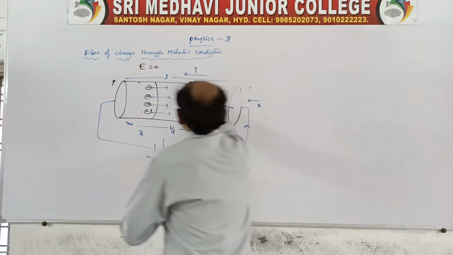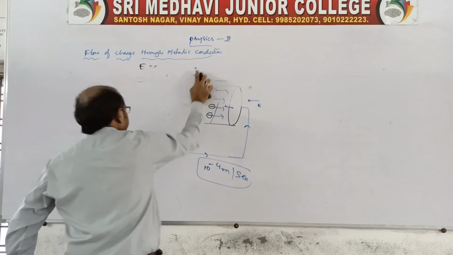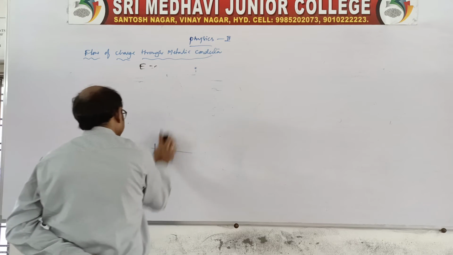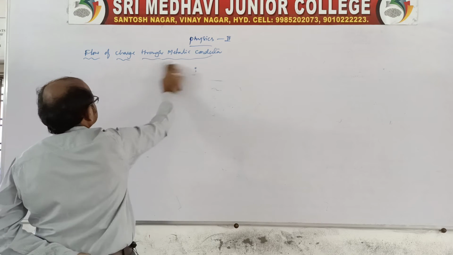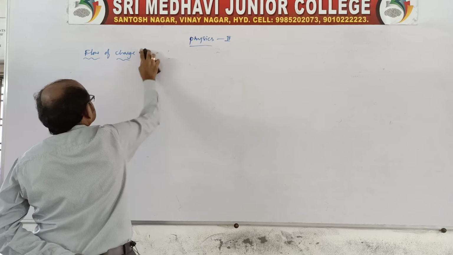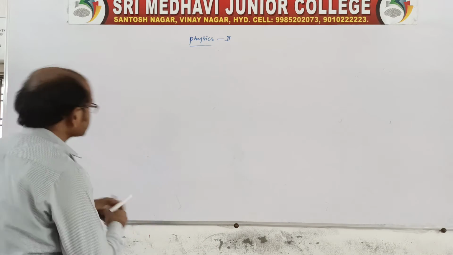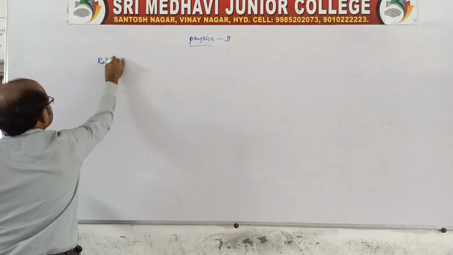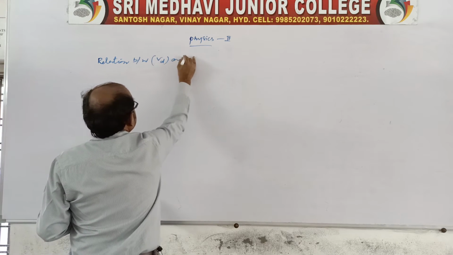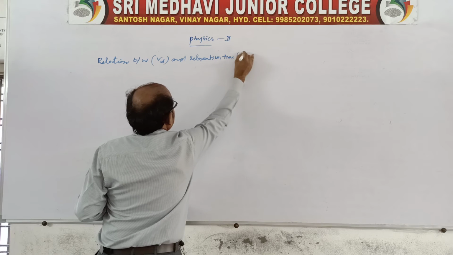Look into the relation between Vd, the drift speed, and relaxation time, that is, we can say tau.